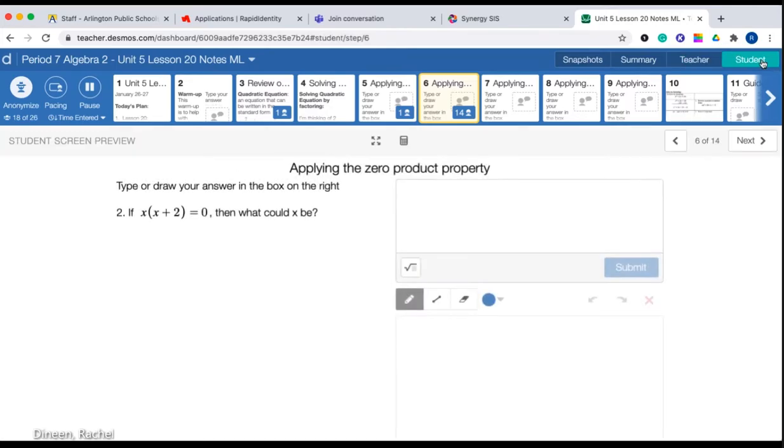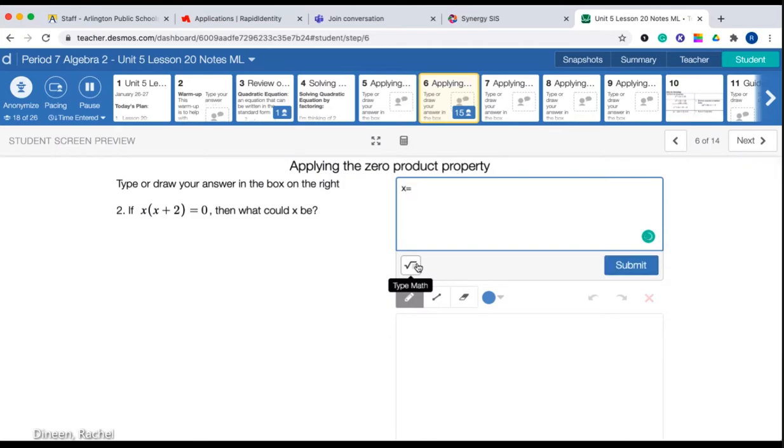So let's look at those three scenarios because I saw three things listed. I saw x equals 2, x equals 0, and x equals -2. So let's see which of these is correct. Let's do the first one, 2. Everywhere I see x, I replace it with 2. So 2 times 2 plus 2 equals 0.